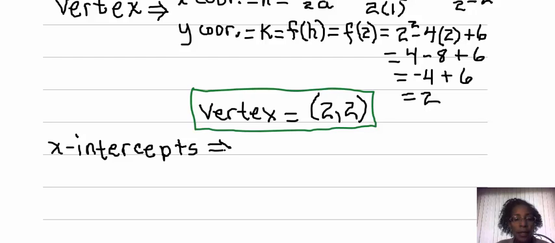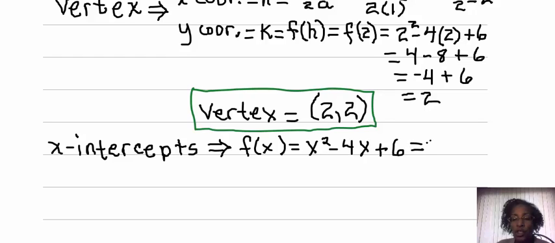We do that by setting our function, which was x squared minus 4x plus 6, equal to 0. So whatever the quadratic function is, to find its intercepts, we set that function to 0. But there's something we should always do first before we go down the path of finding these intercepts. We first should determine, are there going to be any intercepts? It's possible to have 0, 1, or 2 x-intercepts.